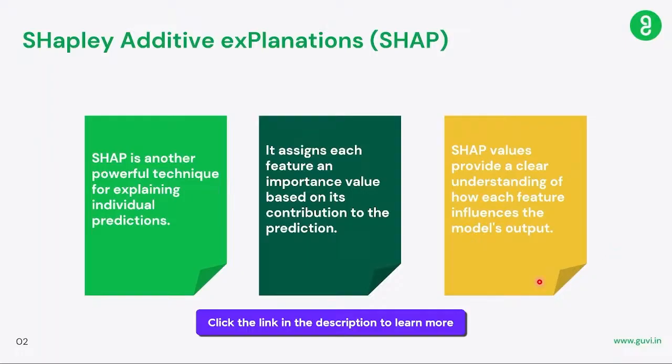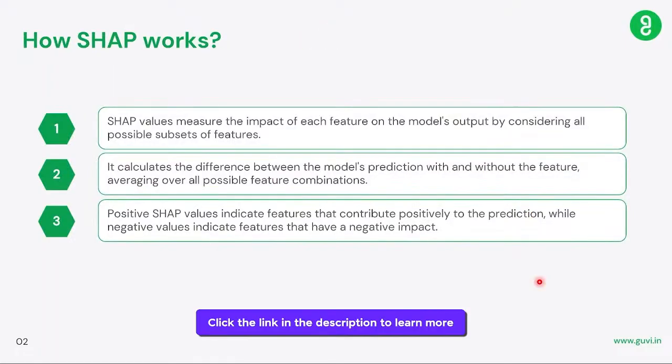So, all in all, SHAP offers a unified framework for interpreting model predictions and assigns each feature an importance value based on its contribution to the prediction. By considering all the possible combinations of features, SHAP provides comprehensive insights into model behavior and enhances our understanding of complex machine learning models. Now, we'll explore how SHAP works.